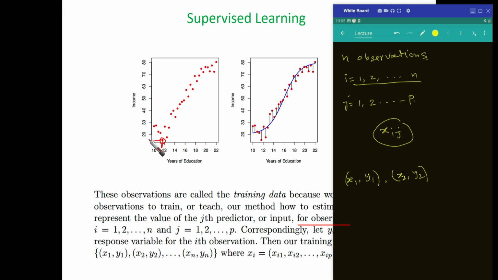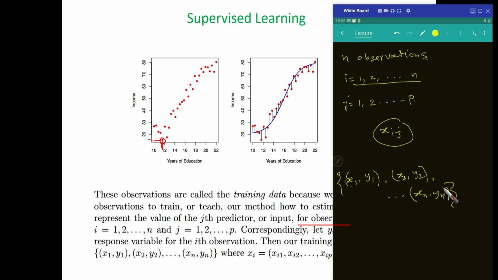Because we have only one predictor, that means one input, here x1 simply means only x. In this way we have x1, x2, up to xn and yn, n pairs of data. This is our training data.